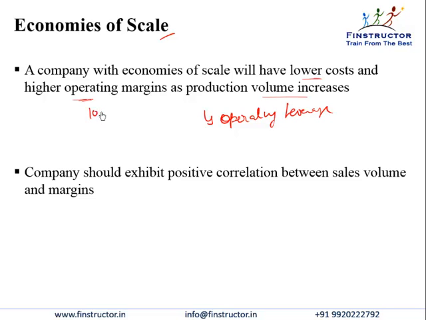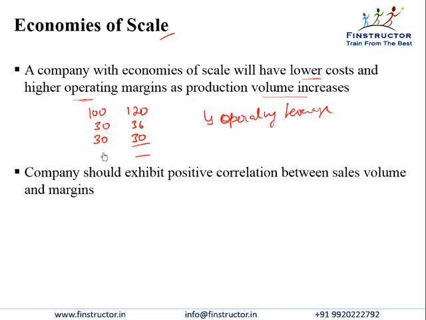For example, if $100 were my sales, $30 were my variable costs, and $30 were my fixed costs. If the sales grow by 20%, the variable costs will grow by 20%. However, the fixed costs will remain the same.